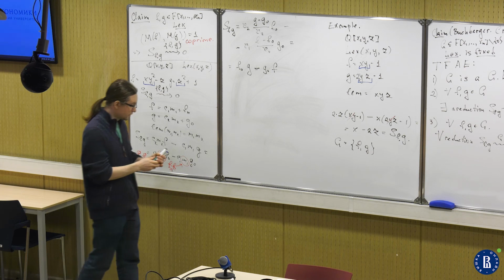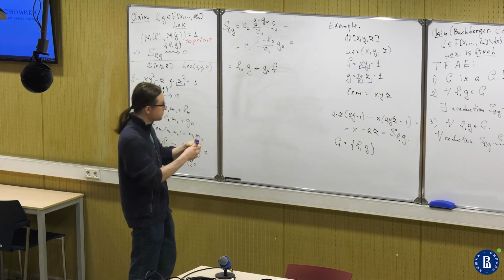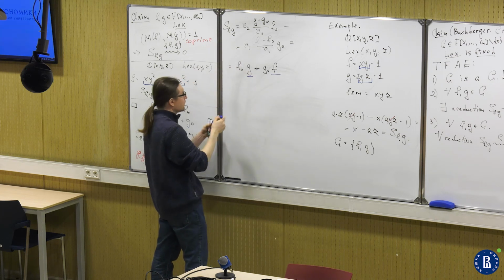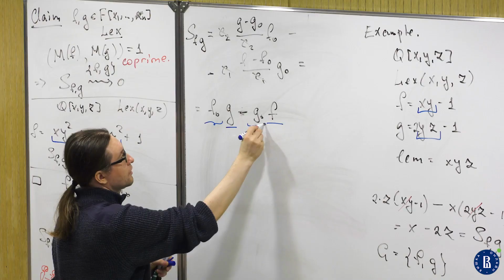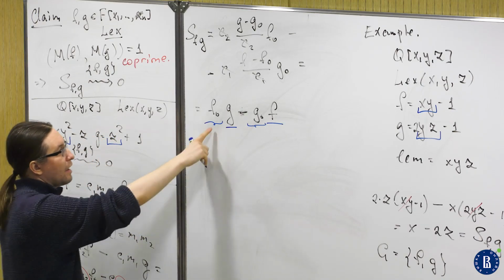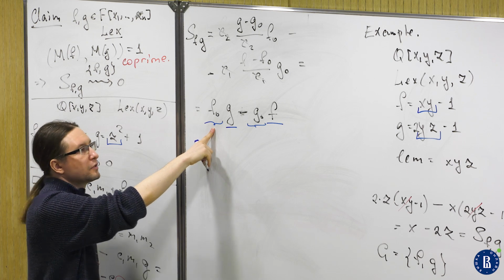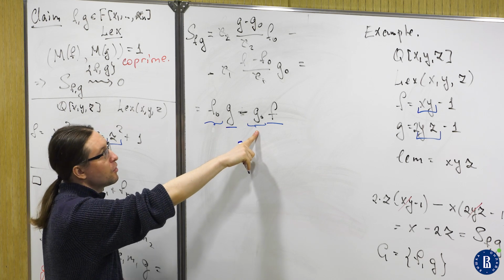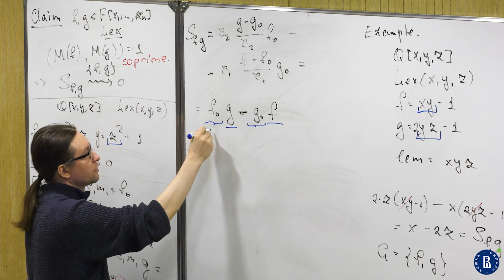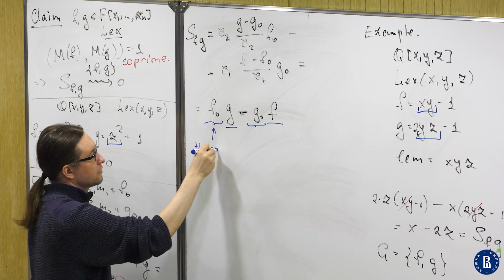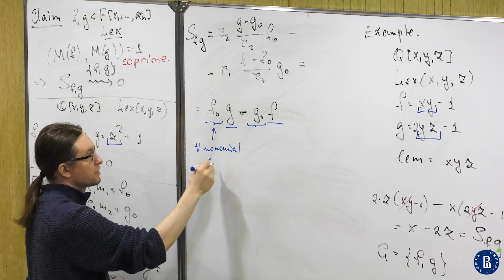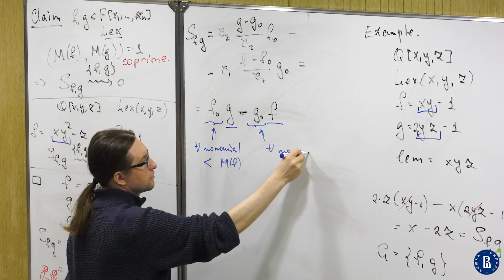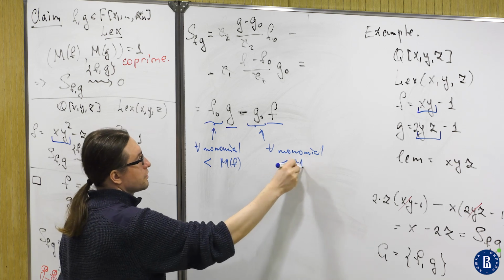So the S polynomial can be presented as this sum, where g and f are the initial polynomials. What can we say about these guys? What is important is that every monomial here is strictly smaller than the leading monomial of f, and every monomial here is strictly smaller than the leading monomial of g.